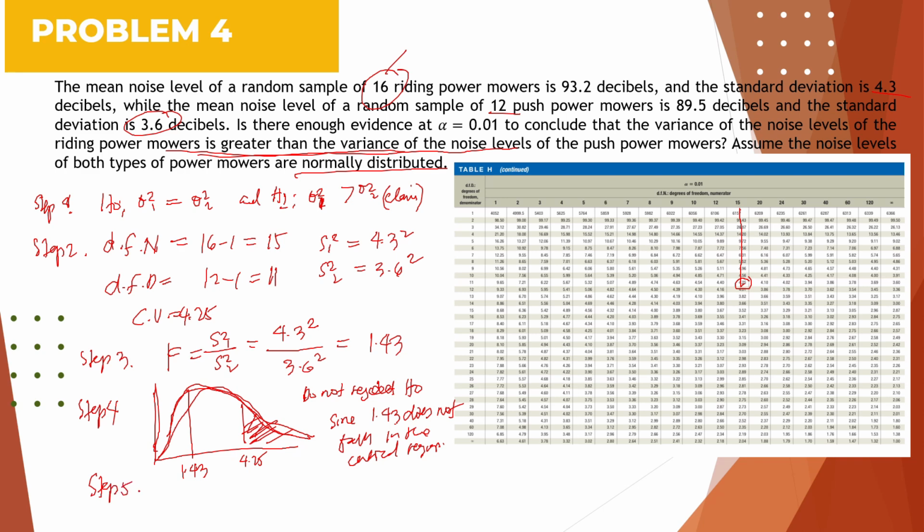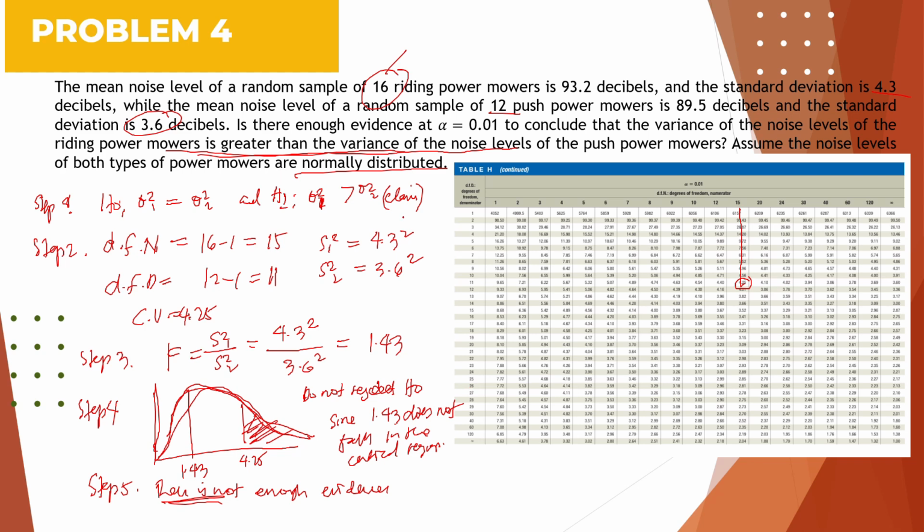Our step number 5 is to summarize the results.